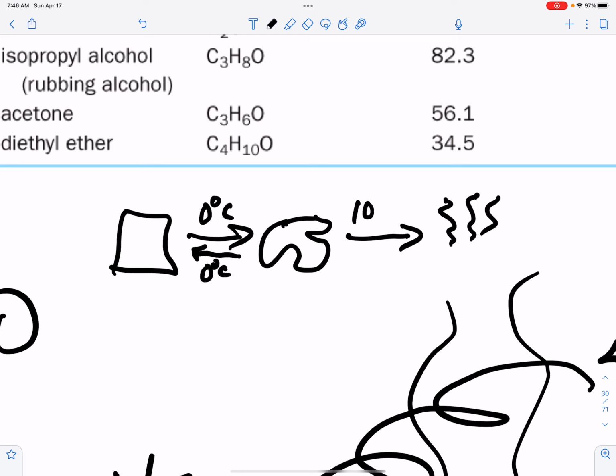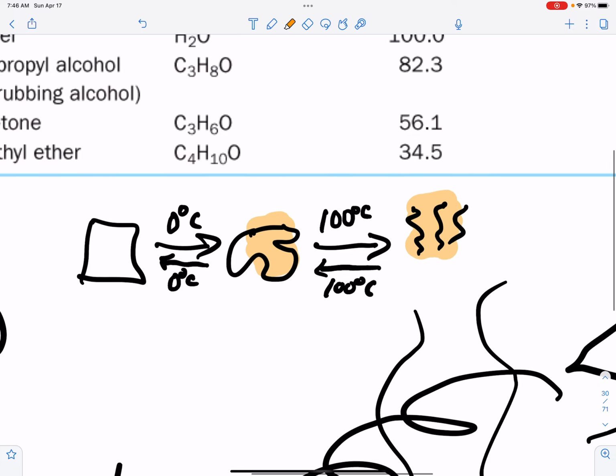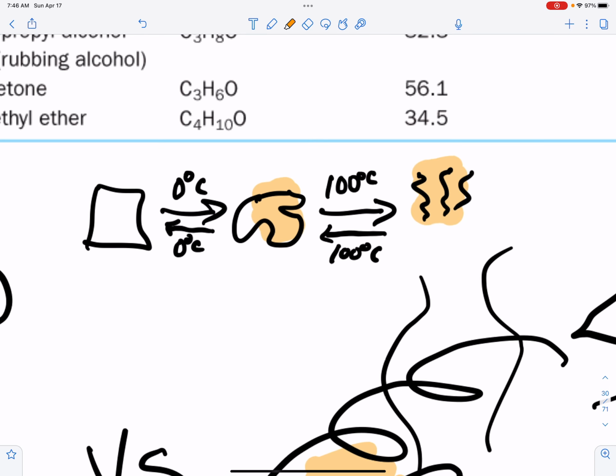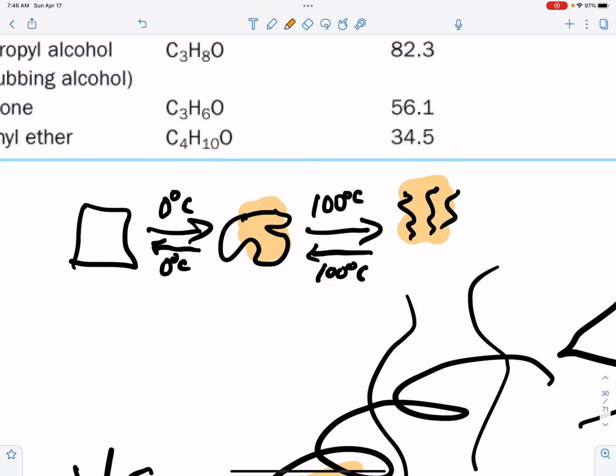Water boils at 100 degrees Celsius, but it condenses also at 100 degrees Celsius. So what I'm saying is, when you have a change of state, like gas going to liquid, which is what's happening precisely here, there is no change in temperature.